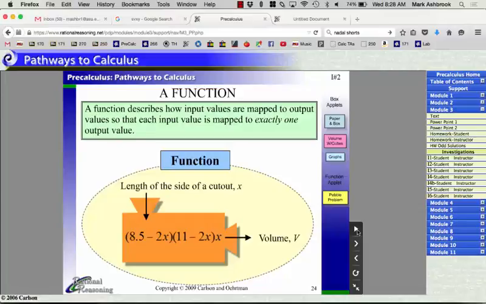This is the idea of a function. Knowing what the value of one quantity is, the function tells you what the corresponding value of the other quantity is. And how does it do it? In this case, it does it by this formula.